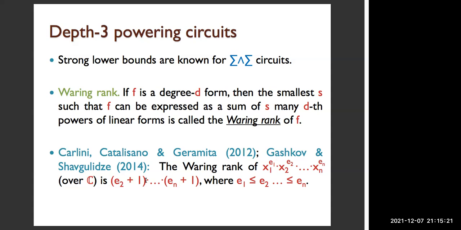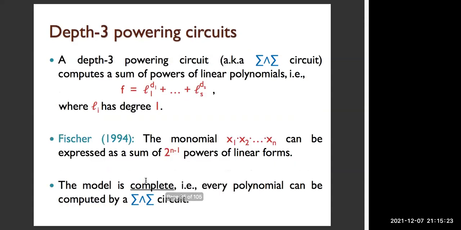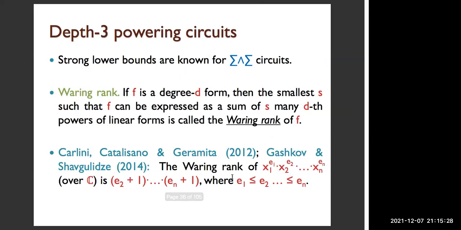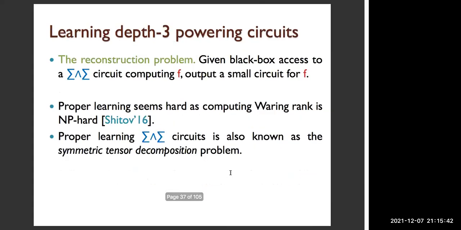So the formula stated here is tight, actually. That's the best you can do. So this is the smallest depth-3 powering circuit computing a monomial. Very tight lower bounds, matching upper and lower bounds, even for a polynomial. So one naturally becomes very hopeful about it.